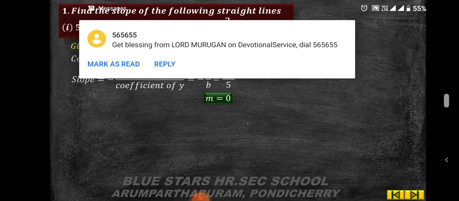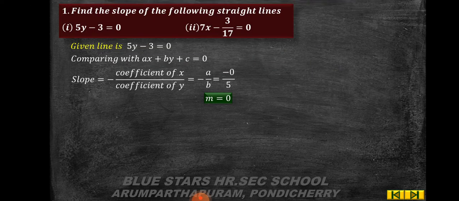So the form is minus a by b, which is equal to, a value is 0, so minus 0 by the coefficient of y, 5. Therefore the slope m is equal to 0. Then second subdivision, the given line is 7x minus 3 by 17 is equal to 0.